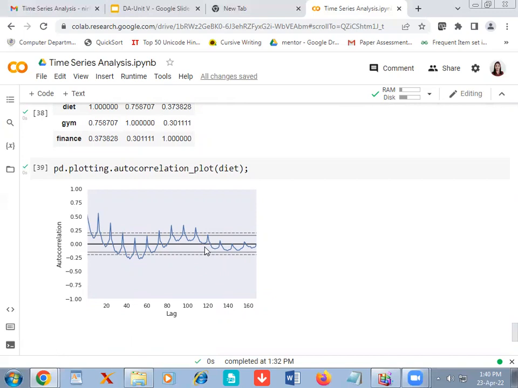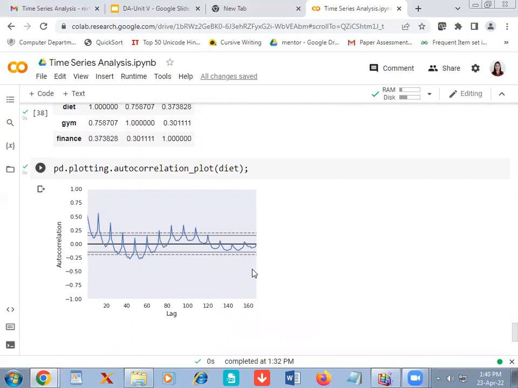On the x-axis you have the lag, meaning where the data is lagging, and on the y-axis you have the correlation of the time series, showing at which point in time it is correlated.